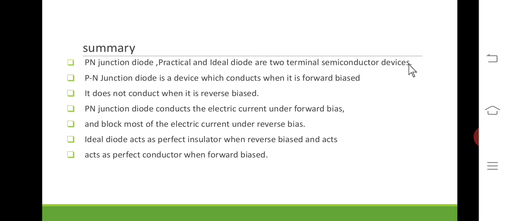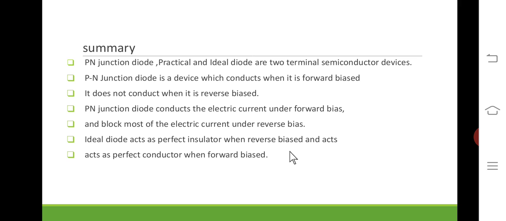Next, we understood that when the PN junction diode is forward biased, it starts conducting, and when it is reverse biased, it does not conduct. It conducts electric current under forward bias and blocks the current under the reverse bias.